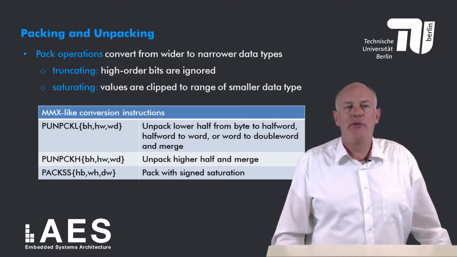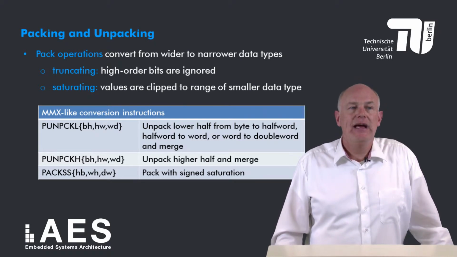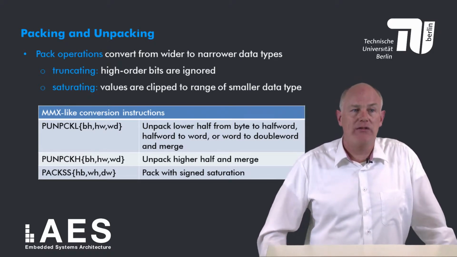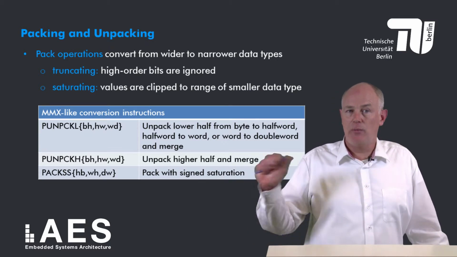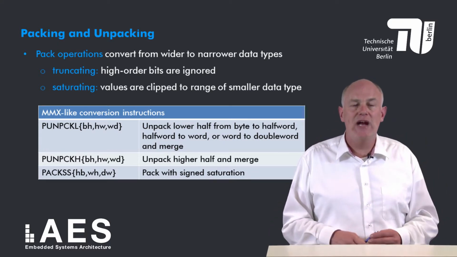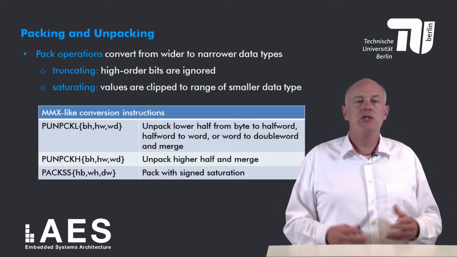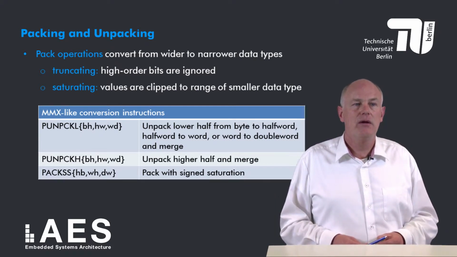And they can either perform truncation or they can be saturated. In truncation, the higher order bits are simply ignored. And in saturation, that we saw before in the previous lesson, the values are clipped to the range of the smaller data type, so that 255 remains 255.